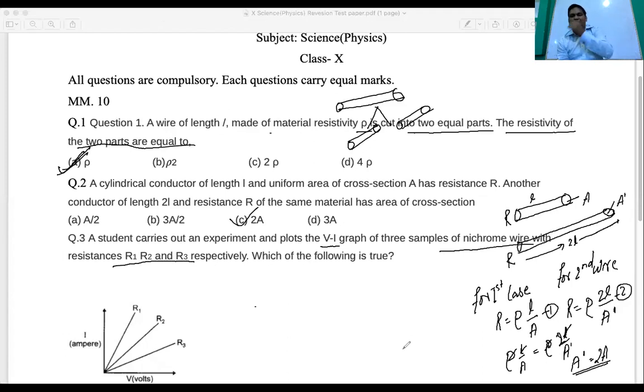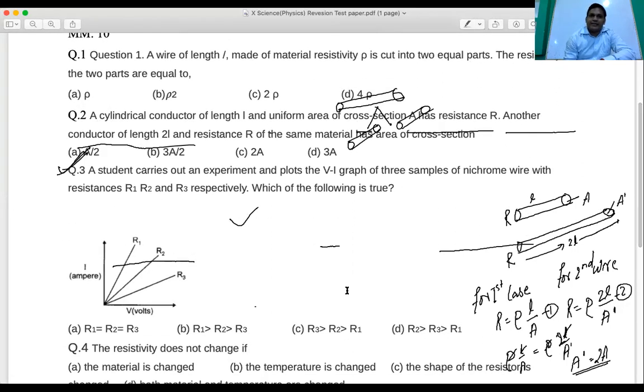Which of the following is true? We have to see the options first. They are asking which one has a greater resistance.